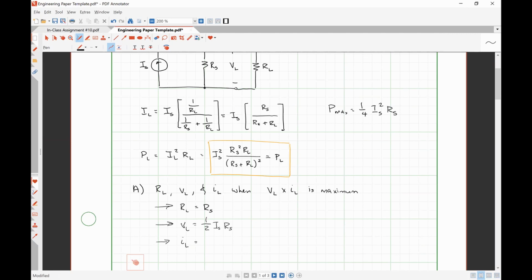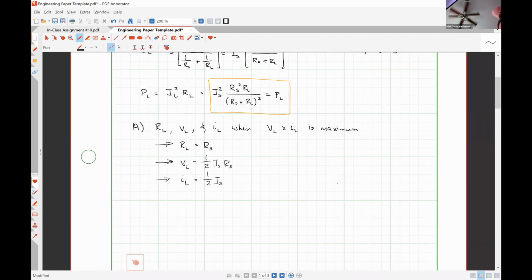Yeah, 1/2 IS. So nothing wild or crazy there. Part B asks for you to determine RL, VL, and IL when VL is maximum.